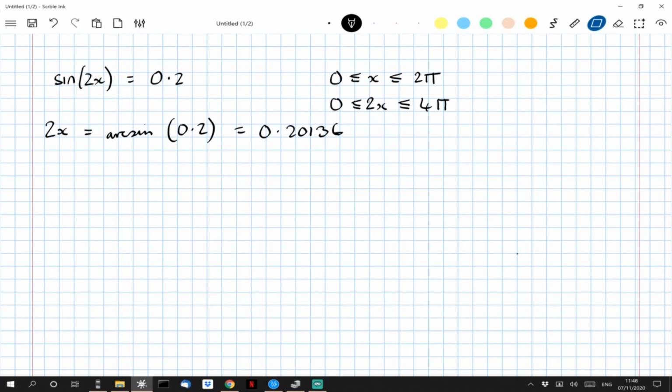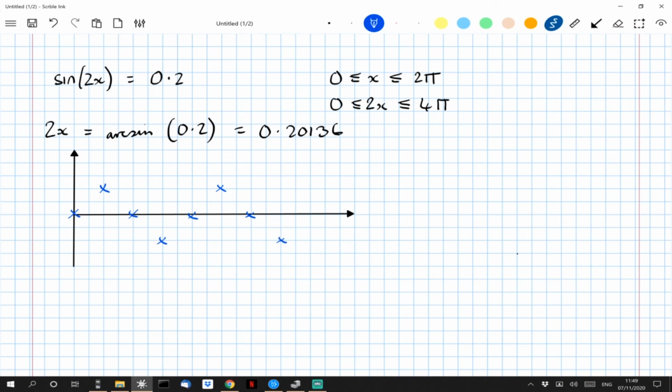So let's draw the trig graph. Let's find all the other solutions as well. And remember, we're not going from 0 to 2 pi anymore, we're going from 0 to 4 pi. So, drawing the sine graph, like that.